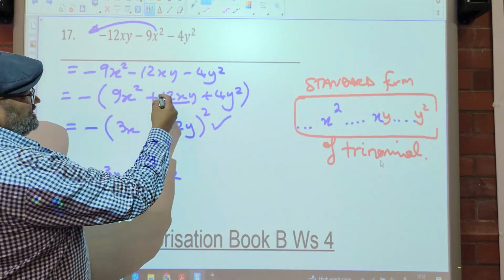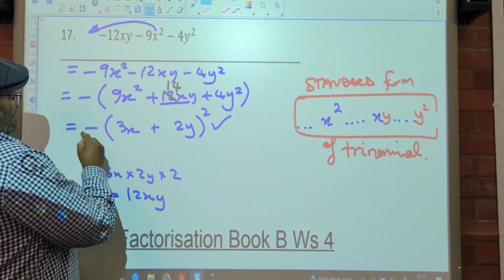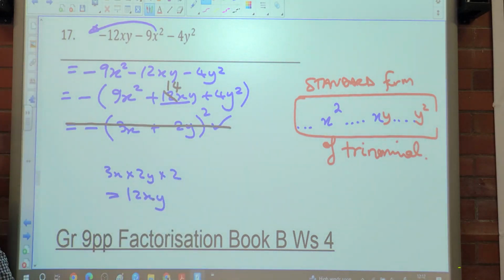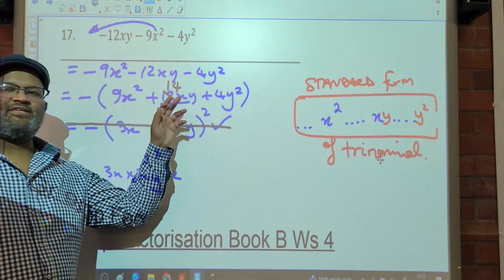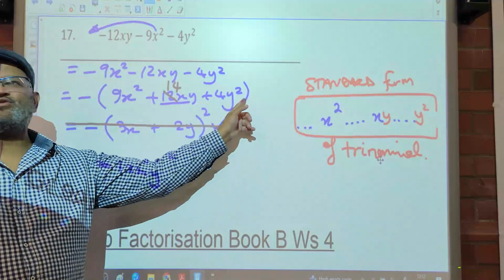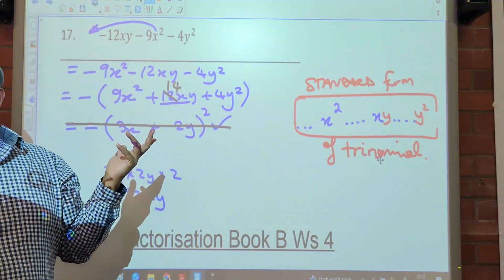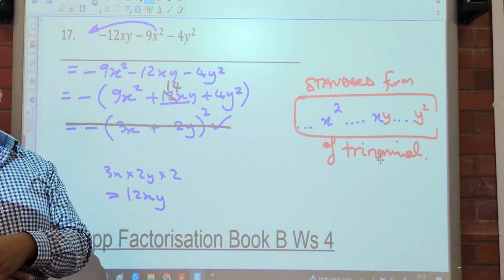Say for argument's sake this was 14, but this is 12. You just put a line here and say that's the furthest it can go. As we did earlier on, when it didn't factorize, we just said unfactorable. But because a factorization already took place here, it's not unfactorable. It factorized, but it just can't go further from this point. Does it make sense?